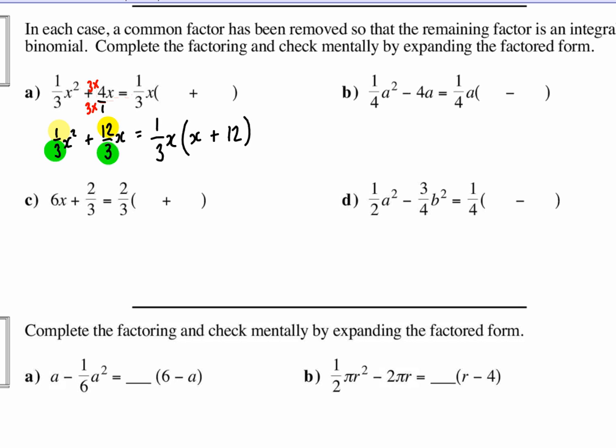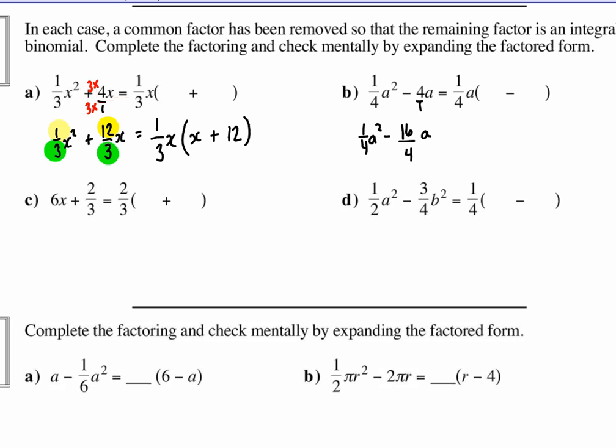So before I go to the last step, a quarter a squared minus, how do I write 4, or 4 over 1, instead with the denominator of 4? 16 over 4. Good. So we're factoring out, if you look at the numerators, they have 1 in common. If you look at the denominator, they had 4. Agreed?